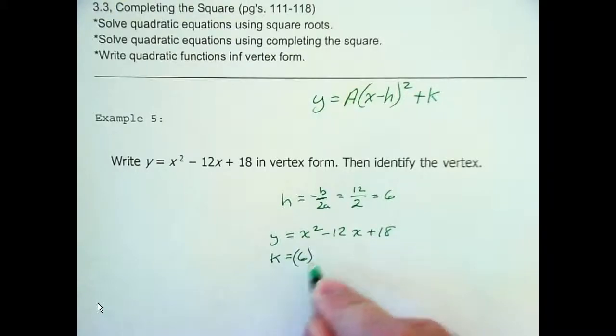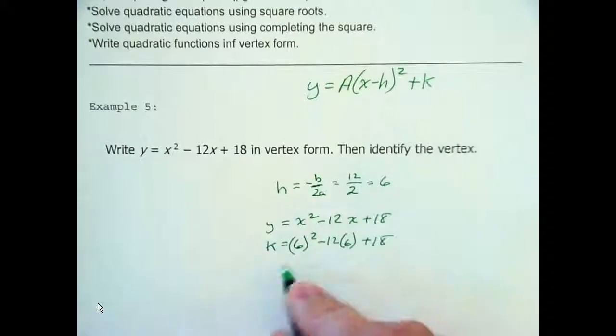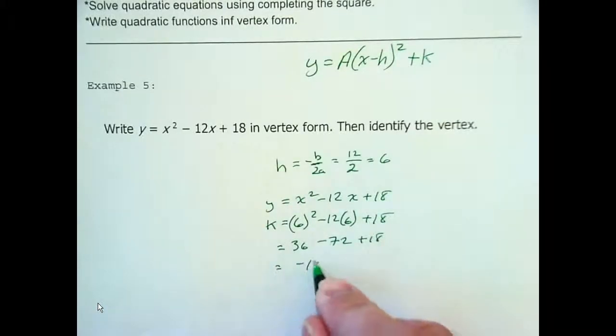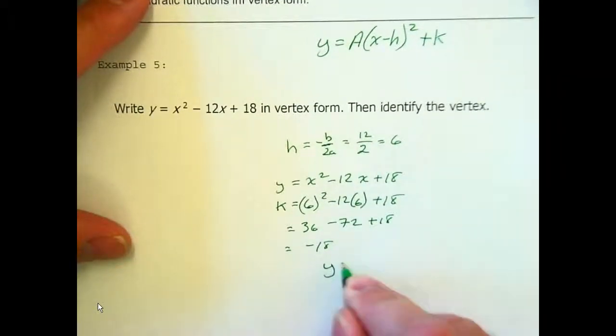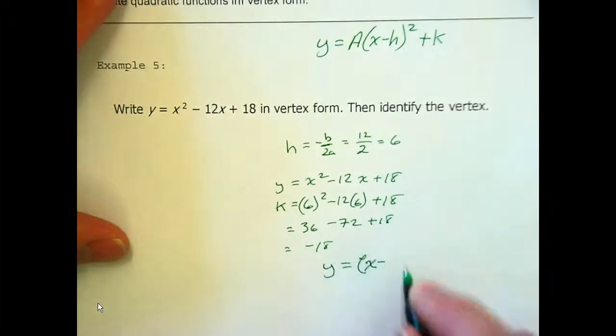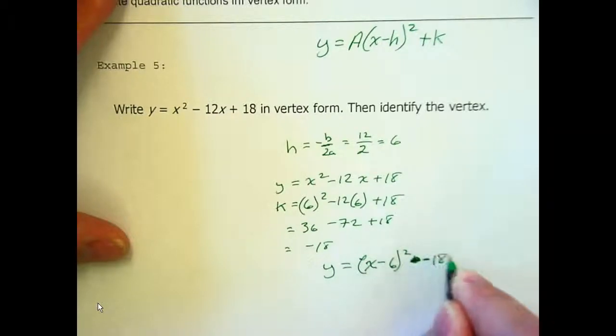That's 6 squared minus 12 times 6 plus 18, or 36 minus 72 plus 18, which is -18. So that ends up giving you y equals a stays the same, so it's 1, x minus 6 quantity squared, minus 18. I should really be using my pencil there.